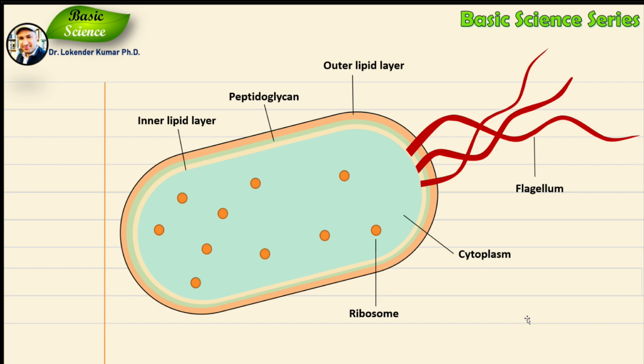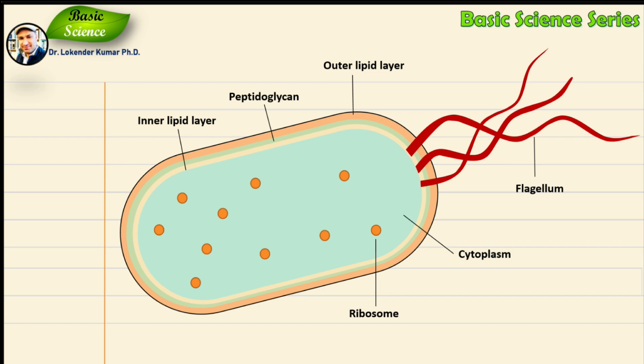So next, what I'm going to design will take some time for me to make, but it is an important part of the bacterial cell, and it is present on the outer layer of the bacteria, and this is called pili.